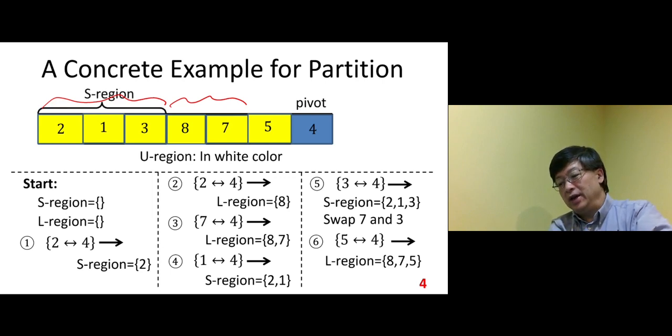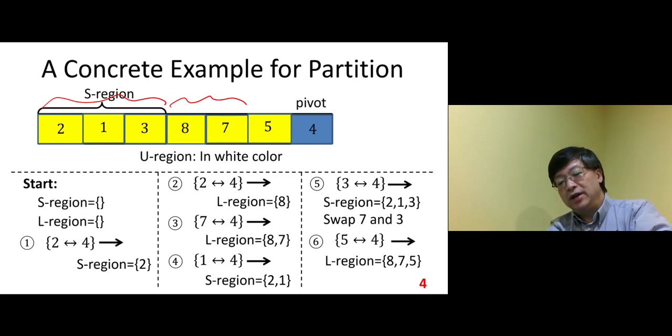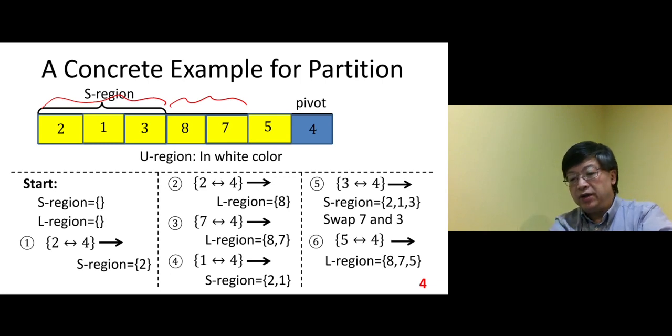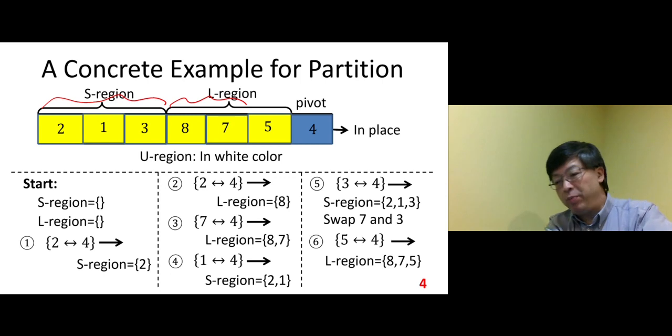After that, you can see we get the whole S region, the whole L region, and the U region is gone. All the elements are processed. Now, the last step, we need to put the pivot element in place. How do we put the pivot element in place?